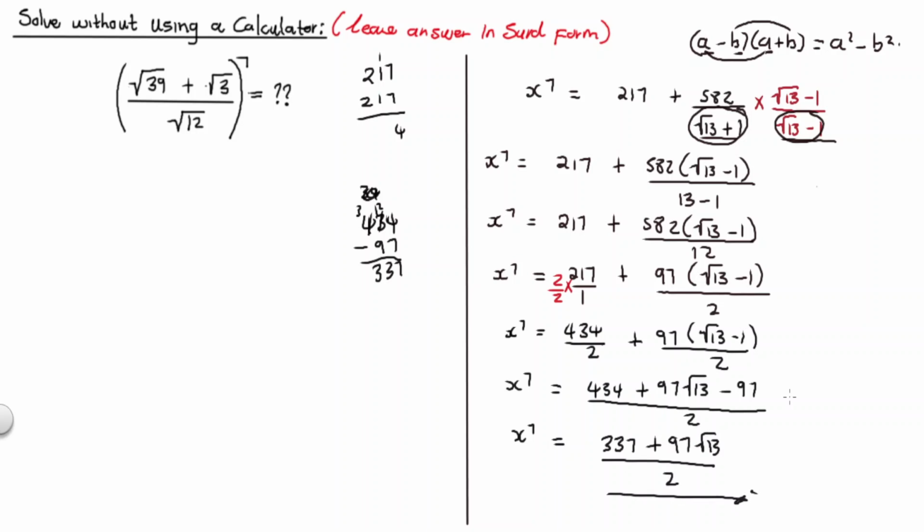So this is the final answer to that expression, without solving using a calculator. You can test this out by punching it on the calculator and see if you get the same answer that I got from my calculator as well.